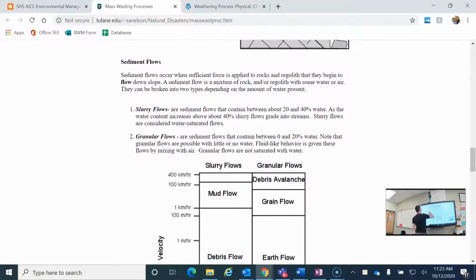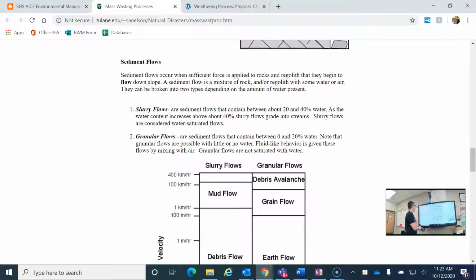So now we're going to be talking about flows. So flows is when it's mixed with air or water, and we're going to be talking mostly about the water ones here. So you've got a slurry flow and a granular flow as the two basic types of flows, and then we're going to go into that and specify those even further. A slurry flow is going to be 20 to 40% water, so they're going to be pretty wet, all right?